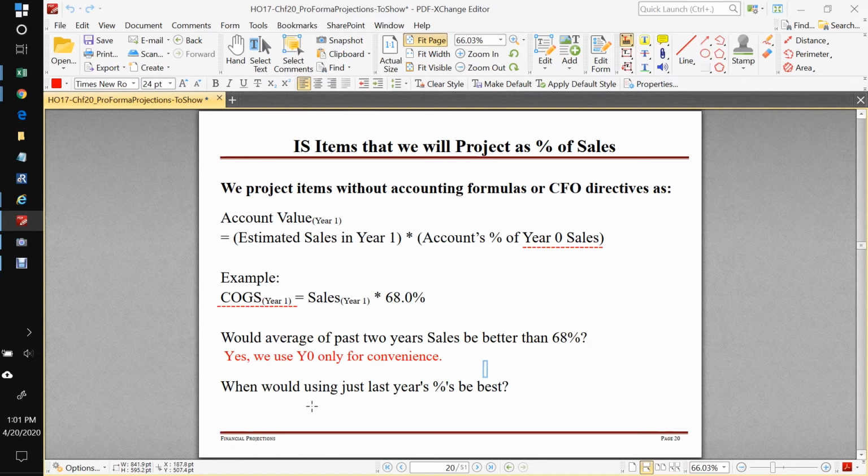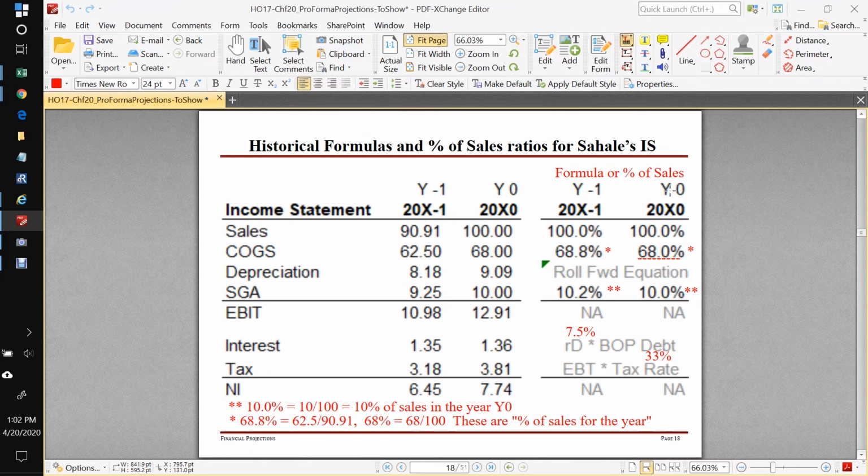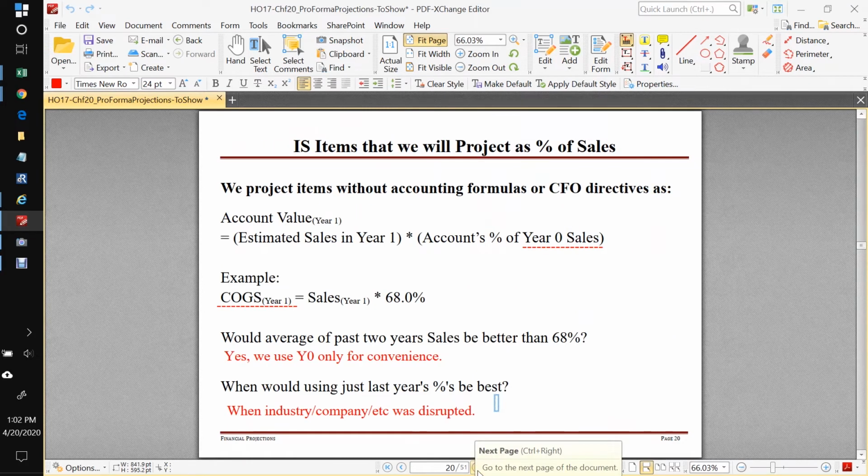There are cases when using just last year's percents would be best, and that would be when the industry, company, etc. was disrupted. If we've had a big change in the industry or the company has moved into new markets or something like that, the old company before the disruption happened, all of that stuff just doesn't count. So we just want the most recent year, which represents the company's current state going forward.